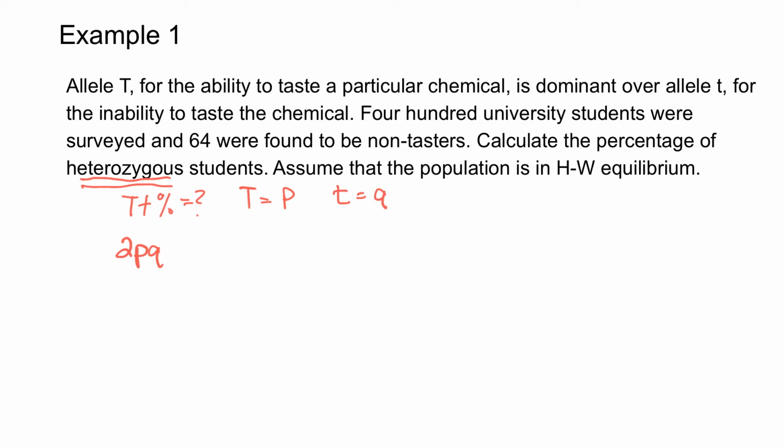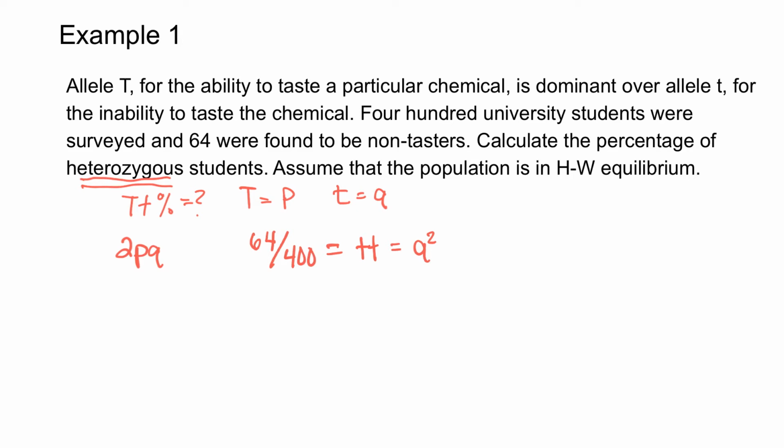Well, it says 64 were found to be non-tasters. So if 64 were found to be non-tasters, that means 64 out of 400 is going to equal the homozygous recessive genotype, which gives us q squared. So we just need to figure out what is 64 divided by 400.